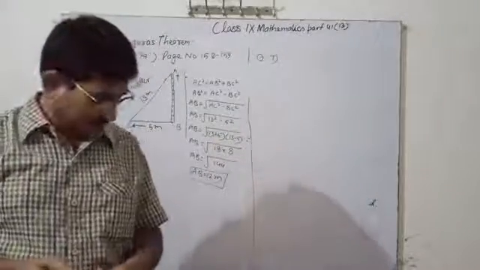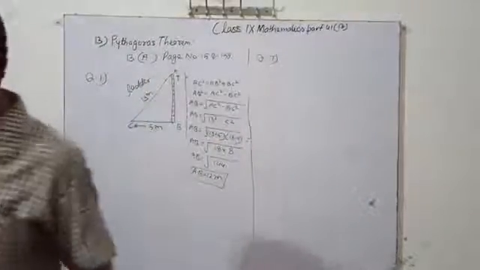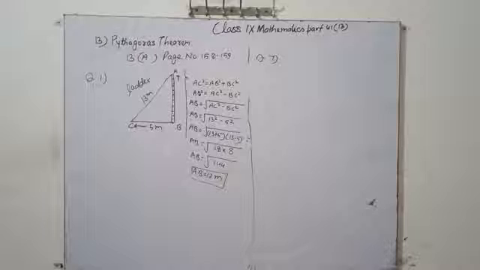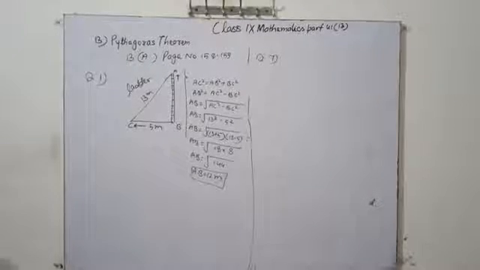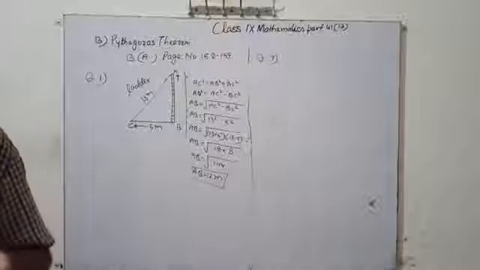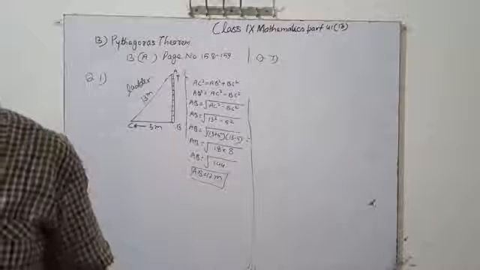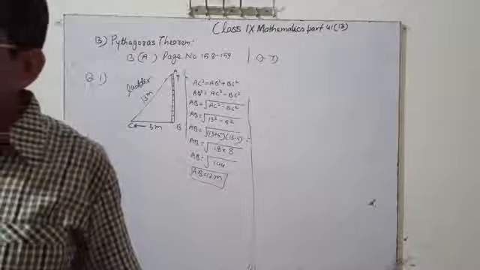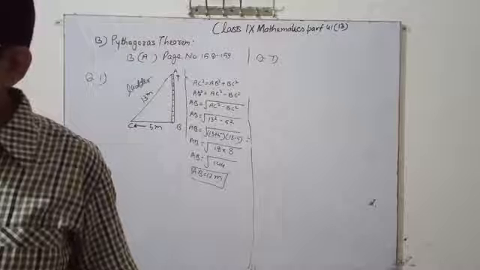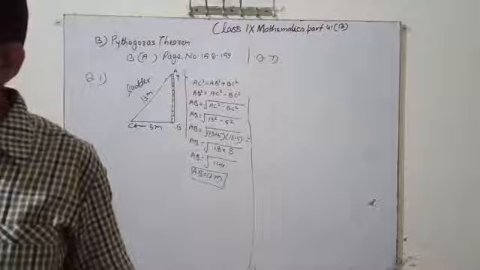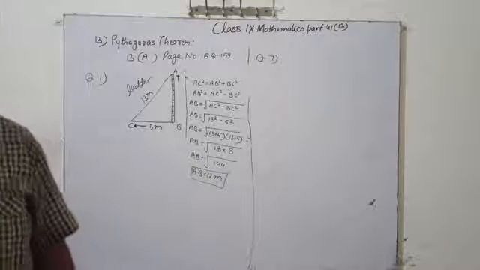Here given, in triangle ABC, AB equal to AC, BC equal to 10 centimeter.